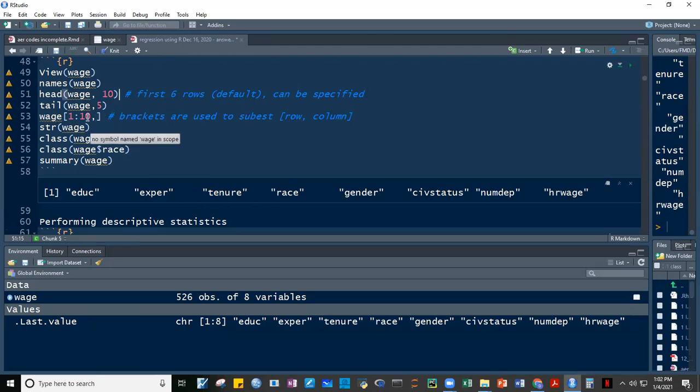So ito wage. Yung una dito, then comma. Ano yung una dito, guys? This refers to the wage tapos bracket. Tapos ano yung 1 to 10 dito? Anyone? We use the brackets, guys, to subset.